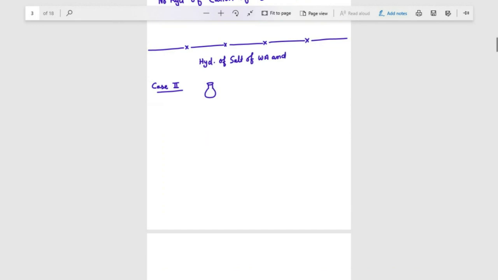Hydrolysis of salt of weak acid and strong base. And we are taking one example. Weak acid means we can take acetic acid, so CH3COOH, and NaOH will react with acetic acid to form its sodium salt, sodium acetate. So this is the solution of sodium acetate, and its initial concentration is C naught.